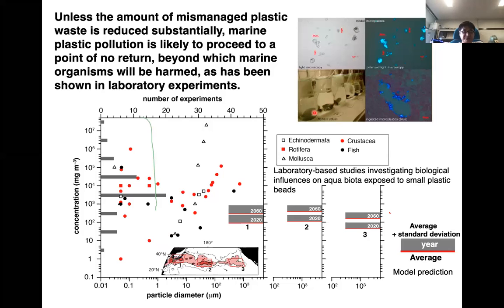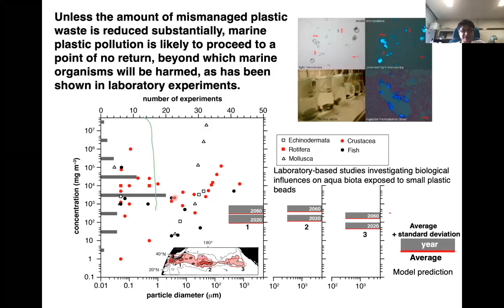In each of these laboratory-based studies, the observers input the microplastics, and the marine organisms were exposed to microplastic in a water tank. And each mark shows the result of each study with different species, fishes or bivalves or something like that.